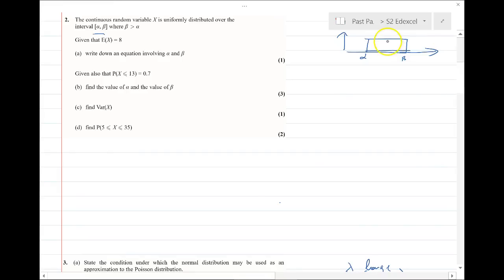Now, obviously, the mean is the number in between those two. So we have E(X) equal to 8. But that's got to be the number in between beta and alpha, which is (beta plus alpha) over 2. So we might write that as a single fraction: beta plus alpha equals 16.